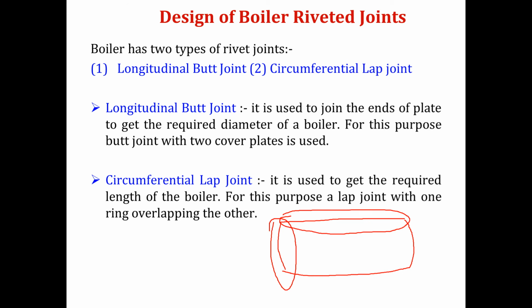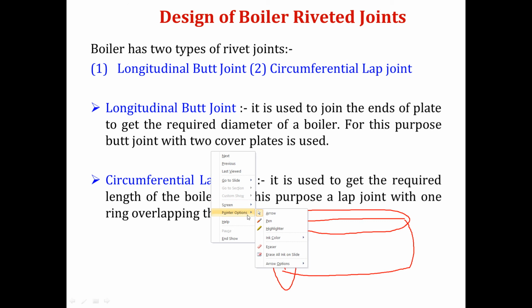Since the plate of the boiler shell is bent in the form of a ring and the two edges of the plate are joined, we get a longitudinal butt joint. How can you get a longitudinal butt joint? The plate of the boiler shell is bent to form a ring and the two edges of the plate are joined by a longitudinal butt joint.